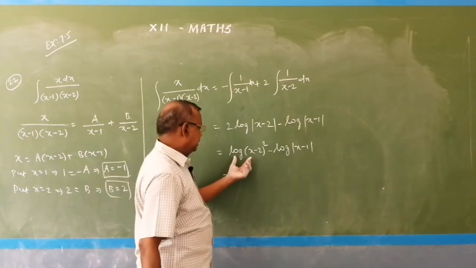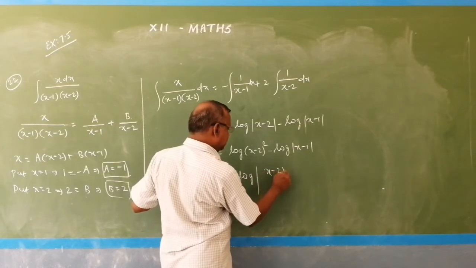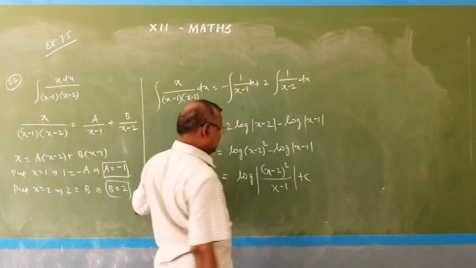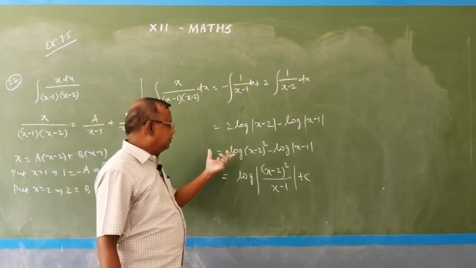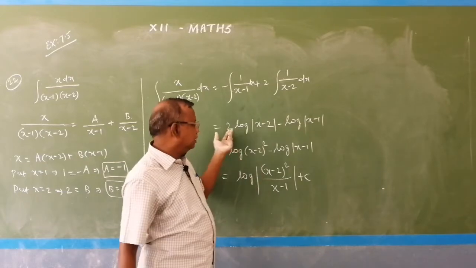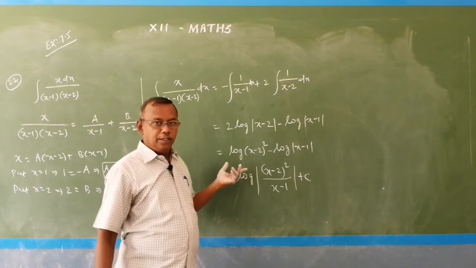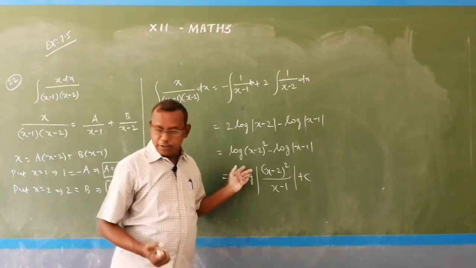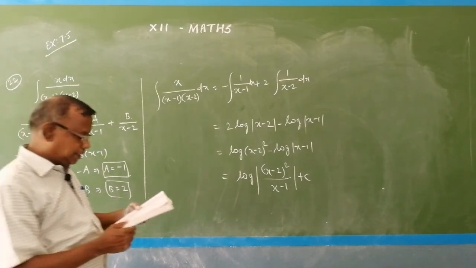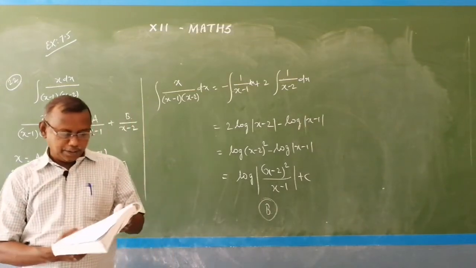Since log a minus log b equals log of a by b, this is log of modulus of (x minus 2) the whole square divided by (x minus 1) plus c. See, here we are given options like this, so accordingly, using the rules of log, we can change the format of the answer. Then only we can get the book answer. So, this is the answer and the option is B. Yes, option B is correct. Next, question number 23.